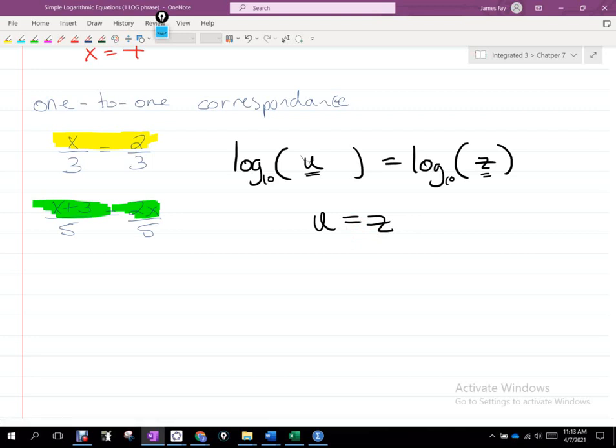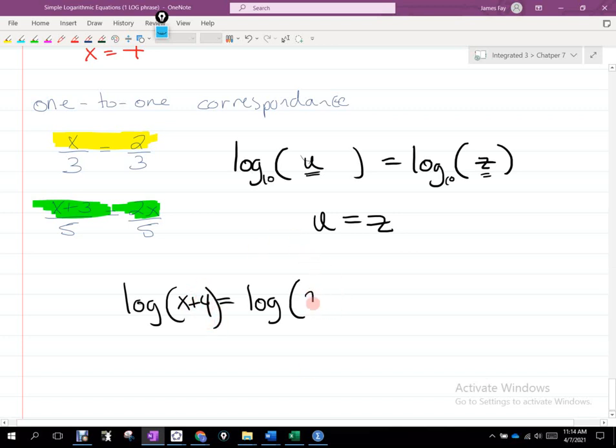Now, this only works if you have one logarithm on each side. So if I had, let's make it easy here, log of x plus 4 equals log of 2 plus the log of x. I have log once on the left-hand side, but I have it twice on the right-hand side, right?